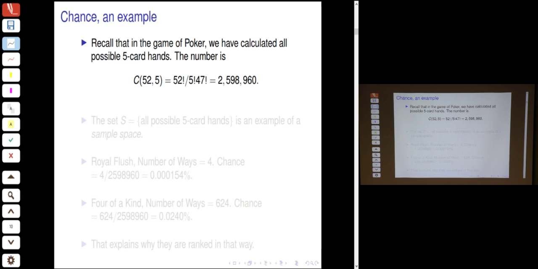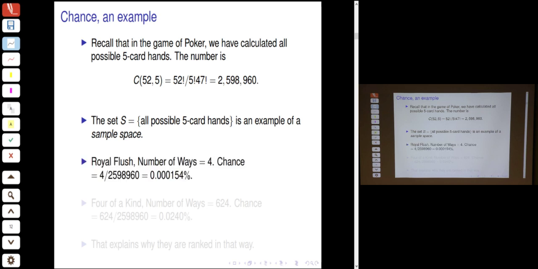Okay, so first I want to go from counting to probability. Recall that in the game of poker, we calculated all possible five-card hands, right? So the total number is 52 choose 5, which is like 2 million whatever. This total number is an example of what we will call the sample space.